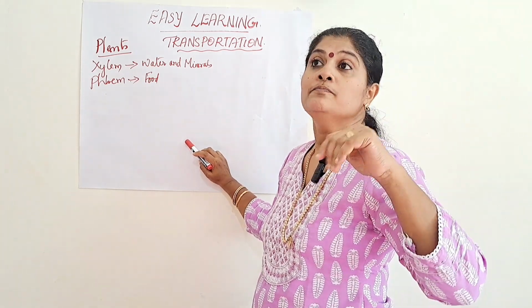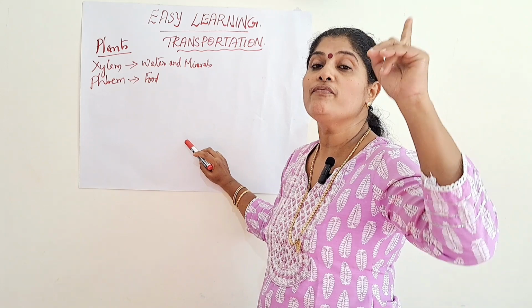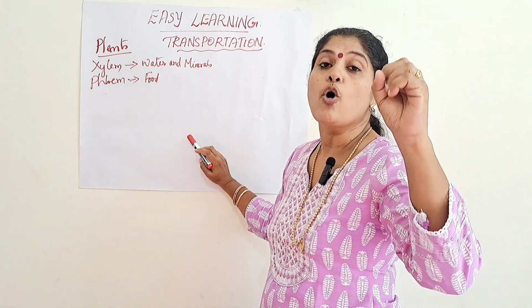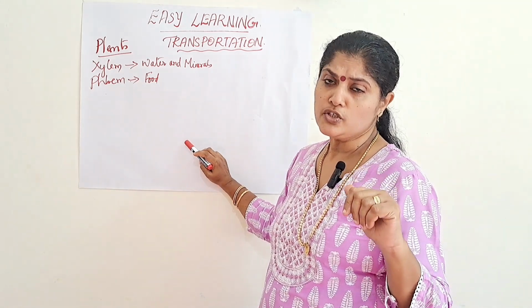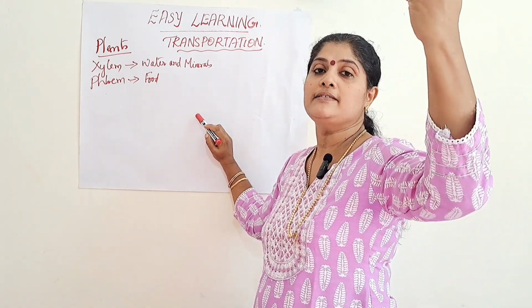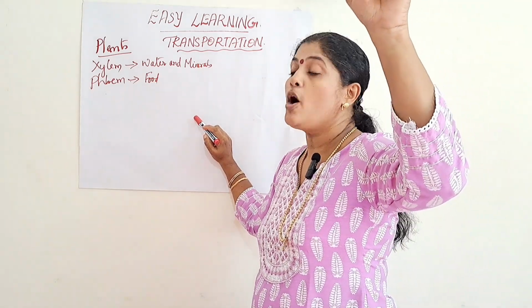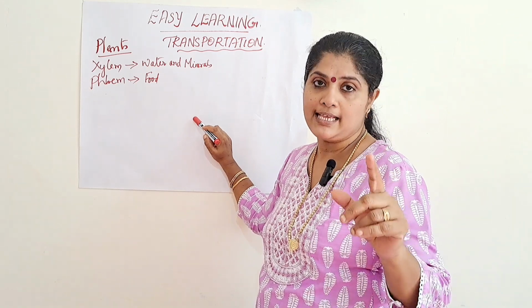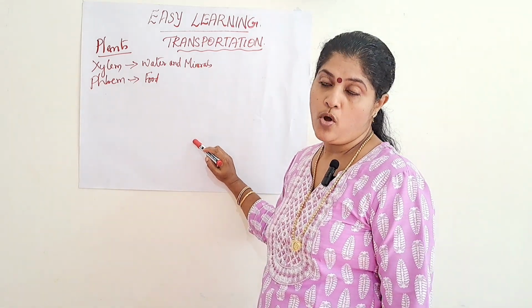But when the water reaches the leaves, the pressure at the top of the xylem vessels in the leaves is always less compared to the pressure at the bottom. You know that the roots are at the bottom and the leaves are at the topmost part. So the pressure at the top of the xylem vessels in the leaves is less, and the pressure at the bottom is more.